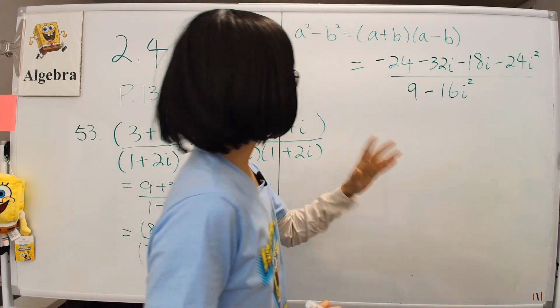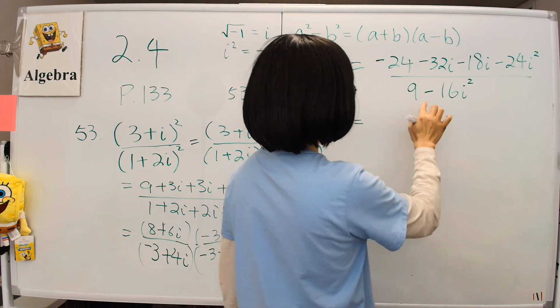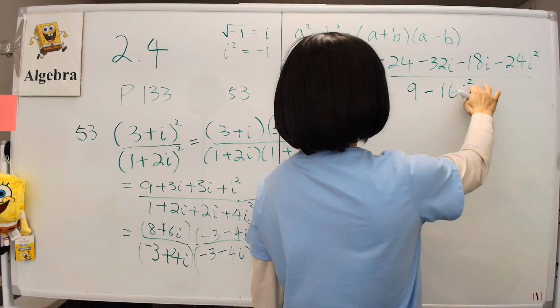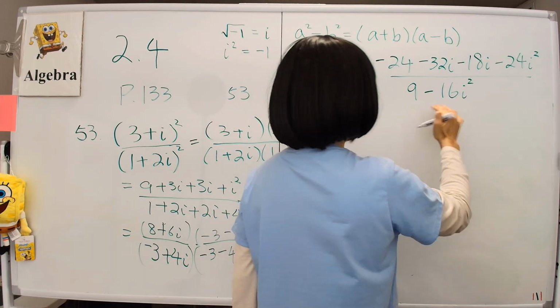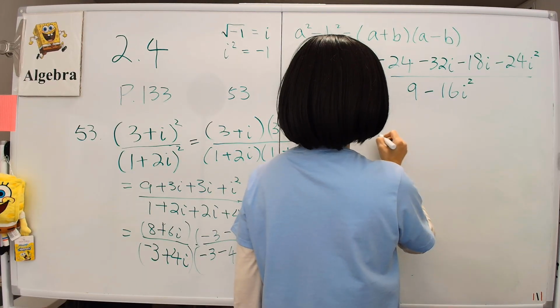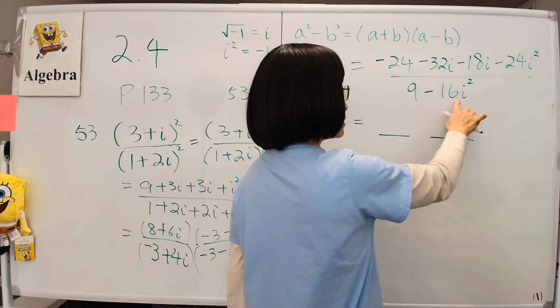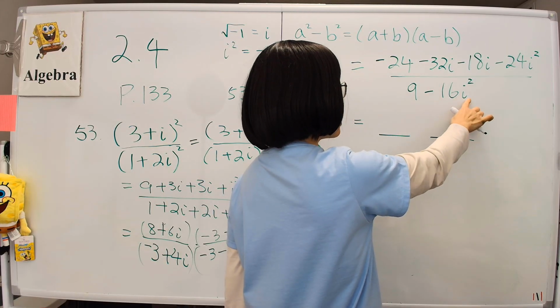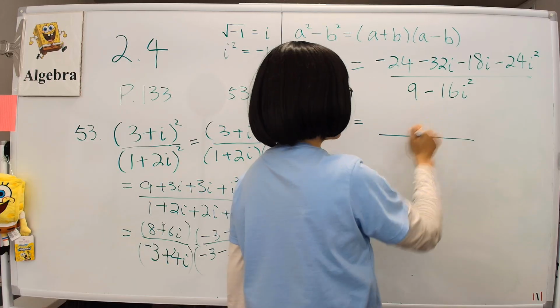Either way works. So now we're almost at the end. The reason we do this is because i squared is -1, and then we got rid of the i from the denominator. So the denominator then becomes 9 plus 16, because i squared is -1. We change the -16 into a plus. So 9 plus 16 is 25.